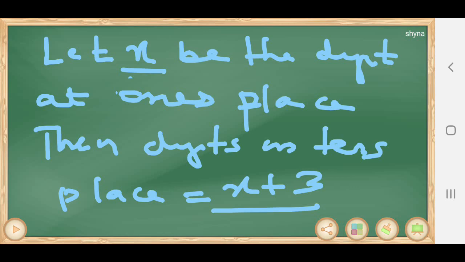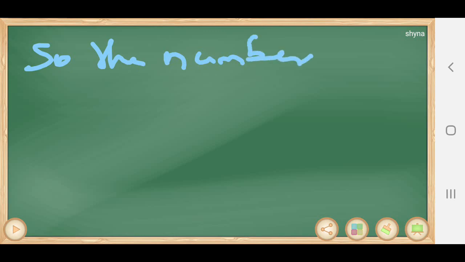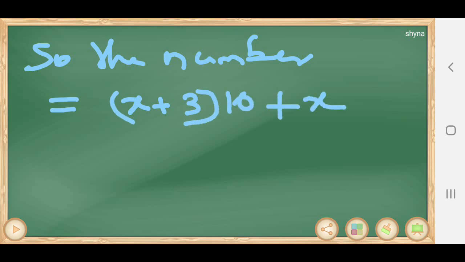If we get a number like this, x in ones place and x plus 3 in tens place, what is the number? The number equals x plus 3 in tens place, that means (x plus 3) into 10 plus x in ones place. You know that in 23, 2 is in tens place means 2 into 10.